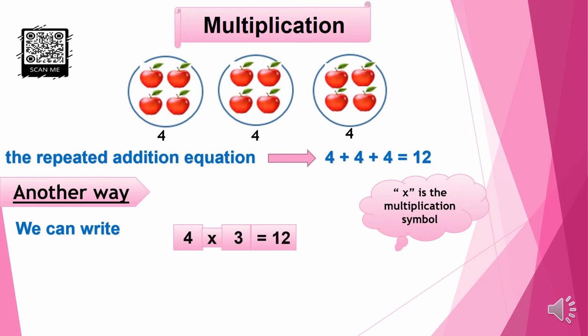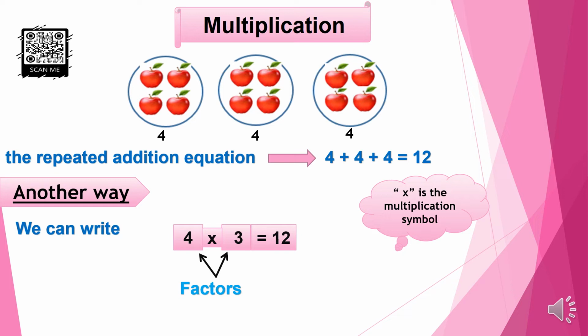We will memorize the tables of multiplication. It's like skip counting. Here I repeated 4 3 times. I can say 4, 8, 12. When I repeat 4 3 times, I got 12.